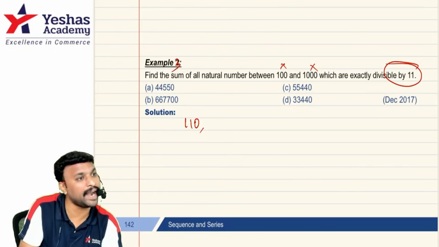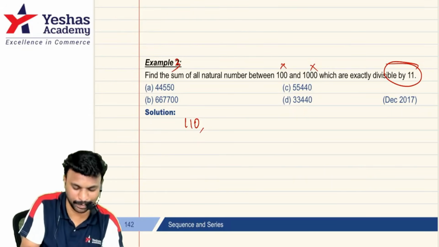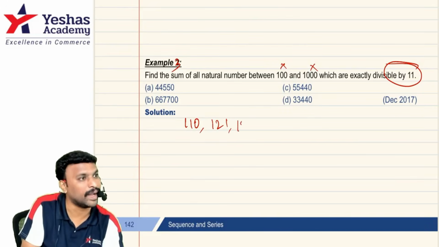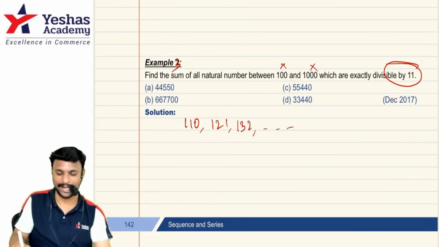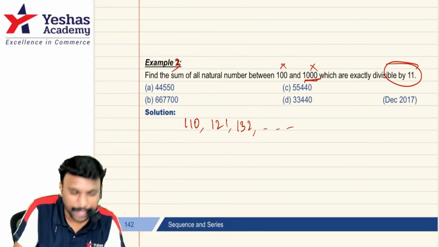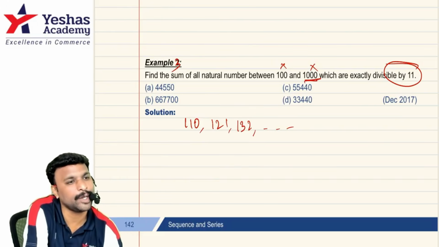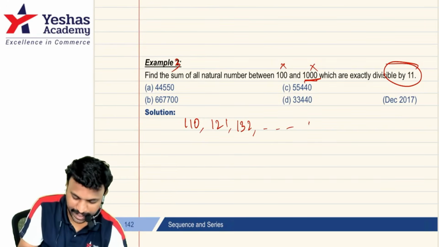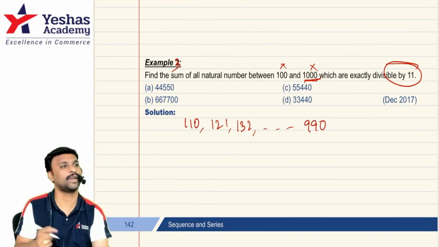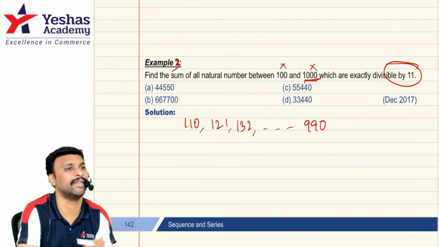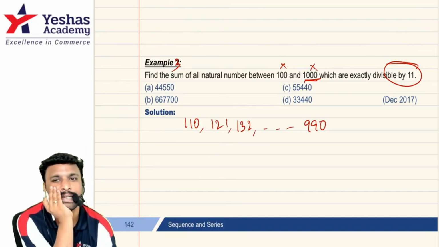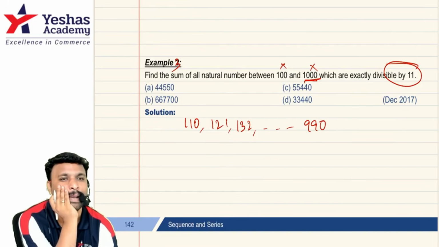Correct? Next, keep adding 11 to it to get the next numbers: 121, 132, and so on. Tell me the last number. 999 or 990? 990. That is what is exactly divisible by 11. Are you getting it? Say yes or no.